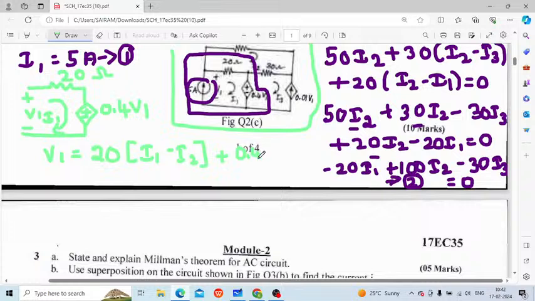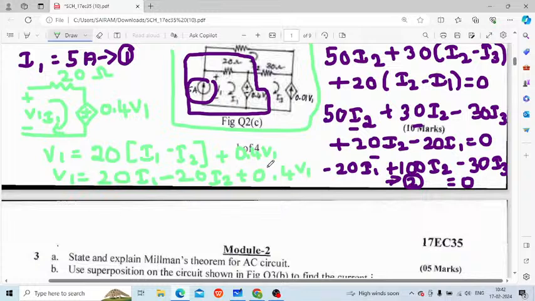I told you positive to negative is always positive. Right? Okay. So we haven't found V1. No, so that is right. So now V1 is equal to 20 I1 minus 20 into I2, plus 0.4 V1 students.